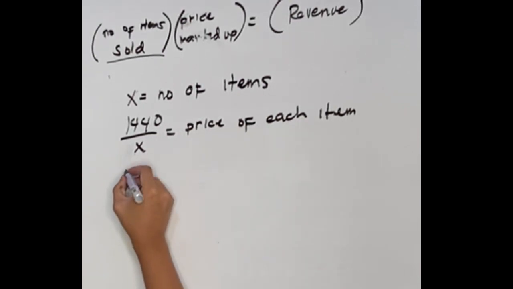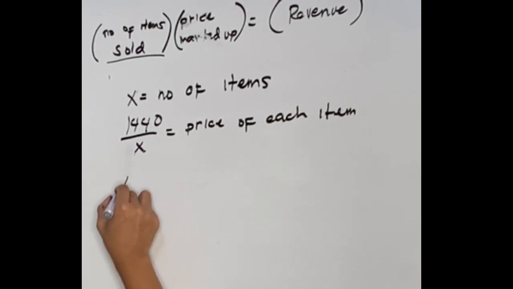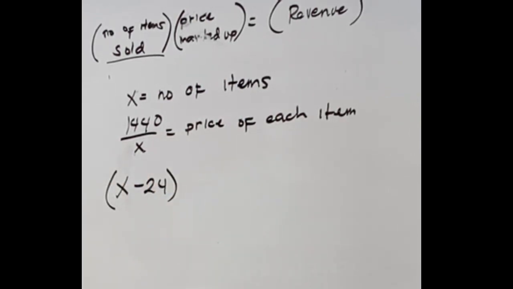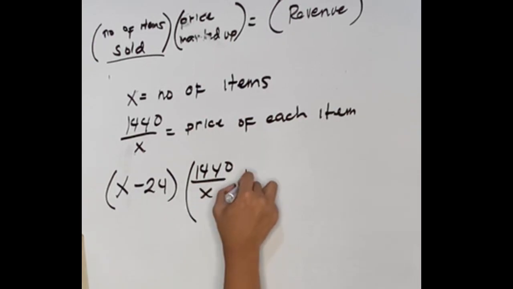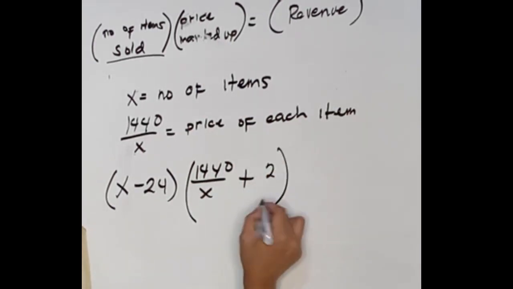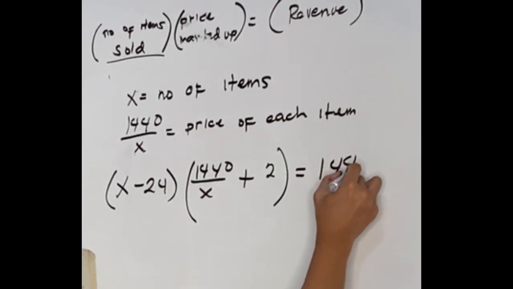So you will have x minus 24 fewer items, times the markup price, which is 1,440 over x plus our markup, which is 2 pesos per item, is equal to the same amount of money sold, which is 1,440.